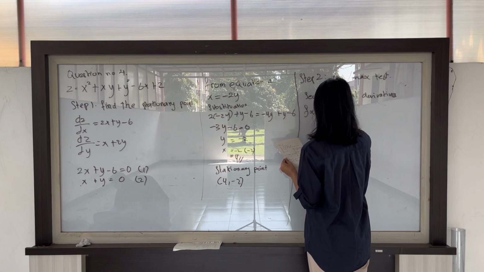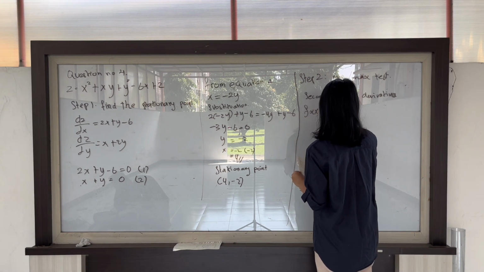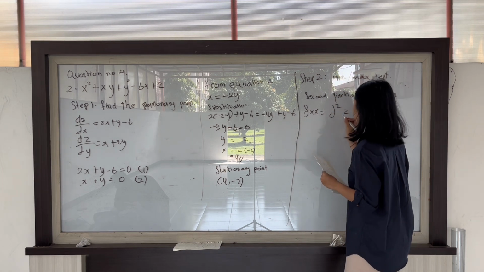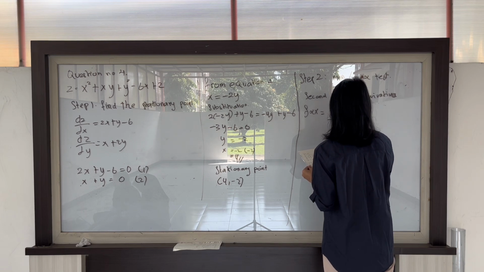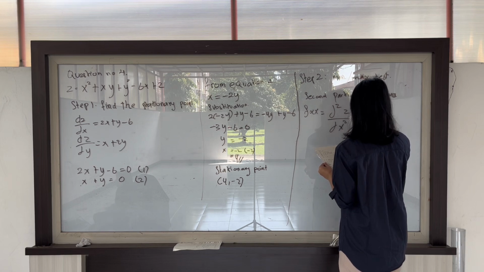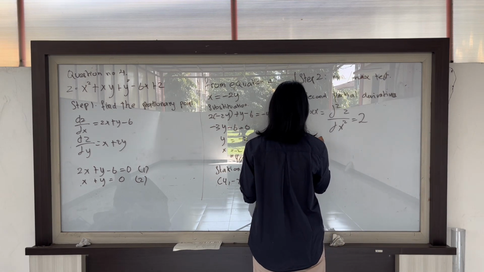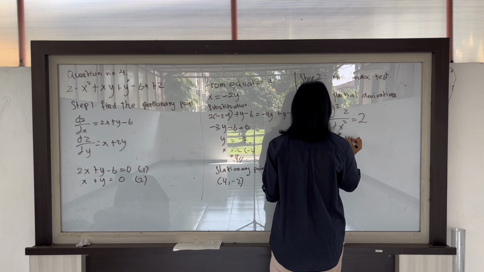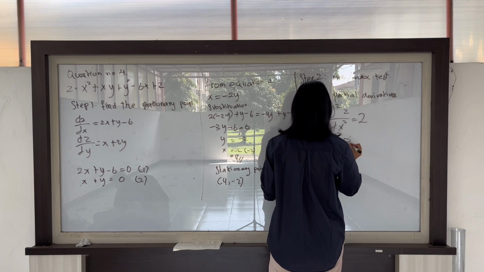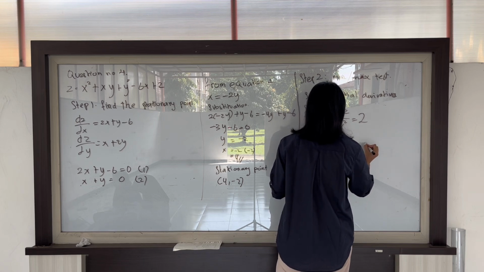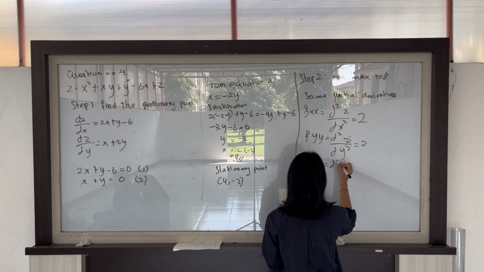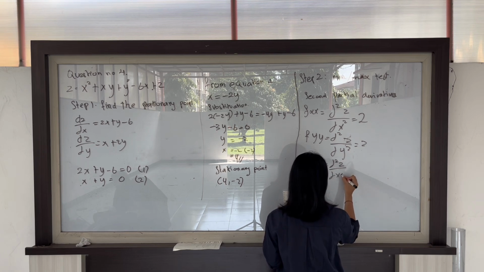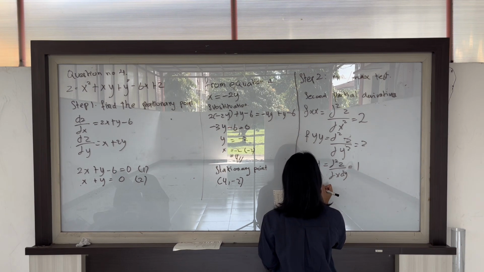First, we have fxx equal ∂²z over ∂x² equal to, and we have fyy, ∂²z over ∂y² equal to, and last we have fxy, ∂²z over ∂x∂y equal to 1, and we use the discriminant.